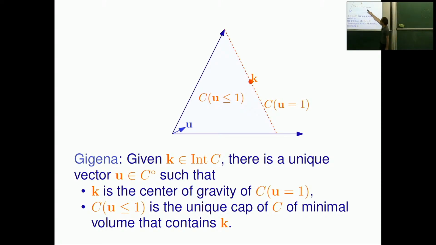If you think about K being a vector here, the inner product of K with U has got to be equal to 1, which is why, if K is quite far from the origin, U had better be pretty small, because K is contained in this section. And furthermore, K is the center of gravity of the section. This is not using a lattice here. This is just a purely geometric result.